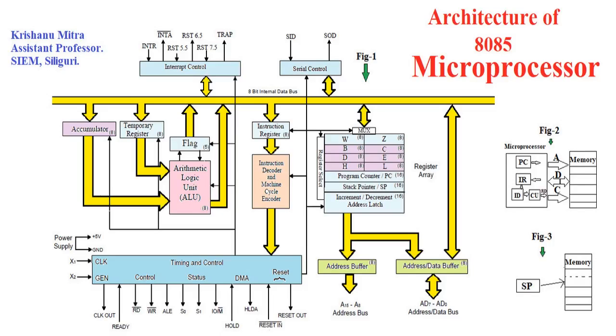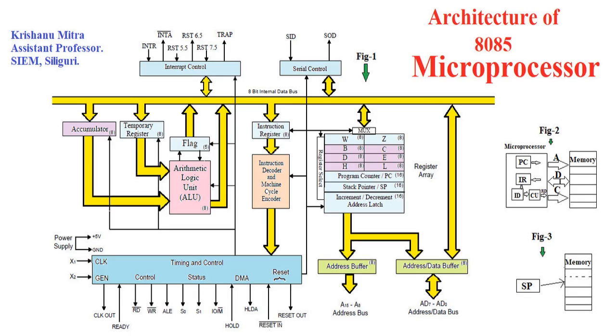Then the instruction will go to the instruction decoder to decode it, so that the microprocessor can understand what task it needs to perform. Then it will be sent to the timing and control unit, and the timing and control unit will send a read signal to the memory to fetch all the instructions.